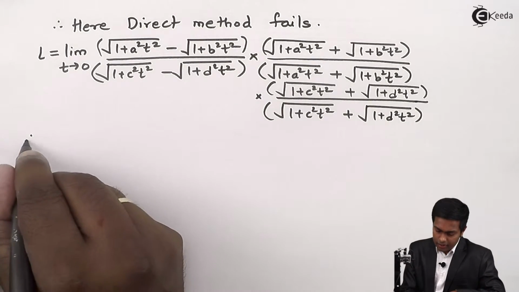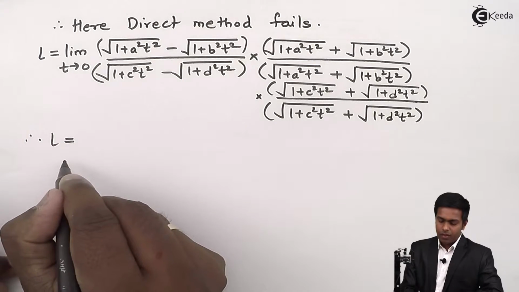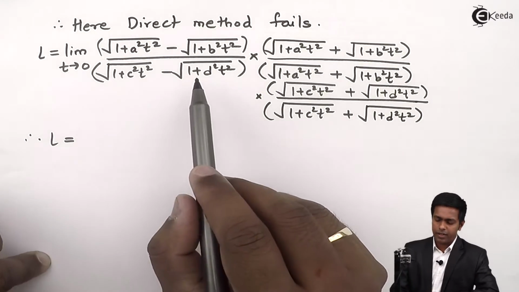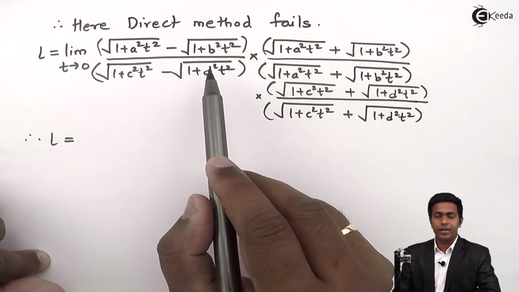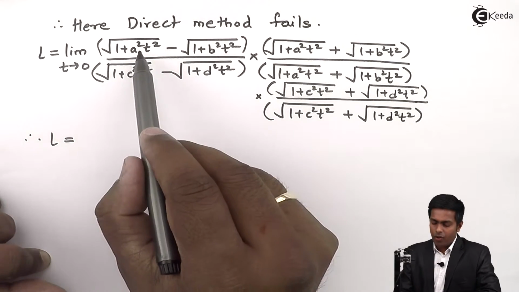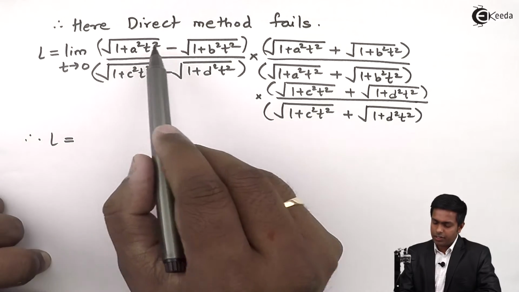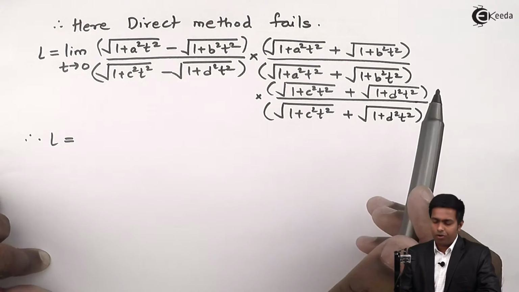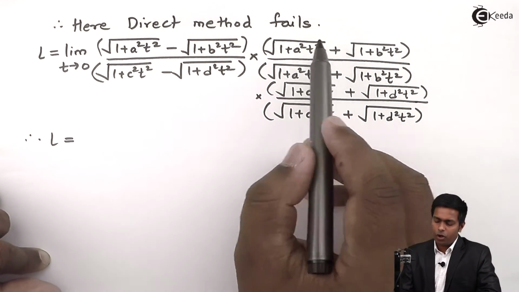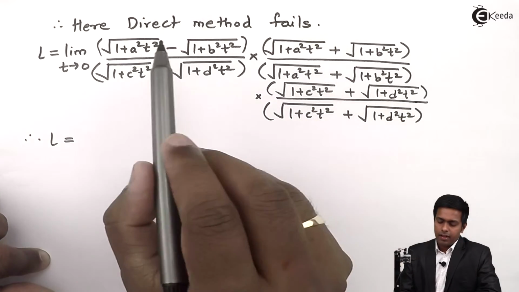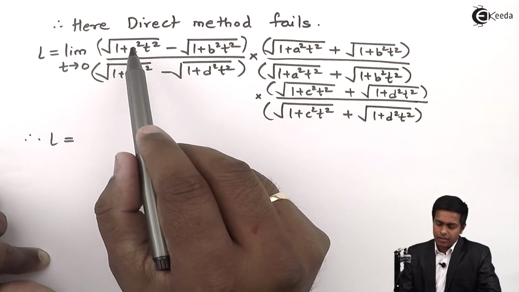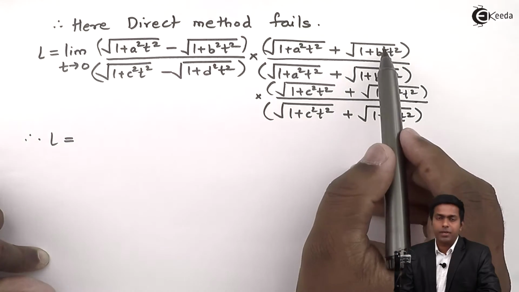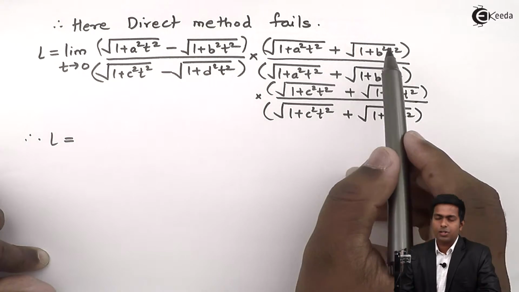Now let's see. Here if you observe the terms in the numerator, we have 3 terms: the first term, the second term and the third term. Out of these, the first term is in the form a minus b and the second term is in the form a plus b.